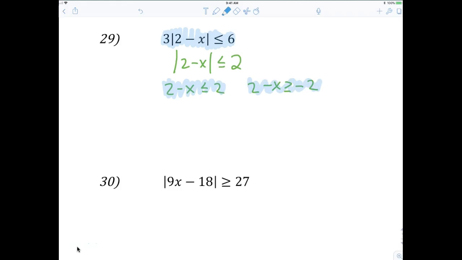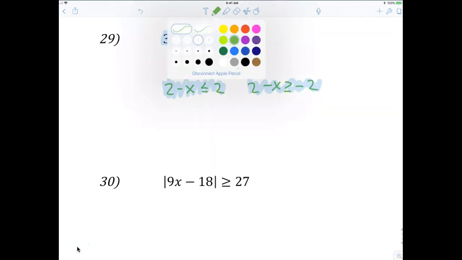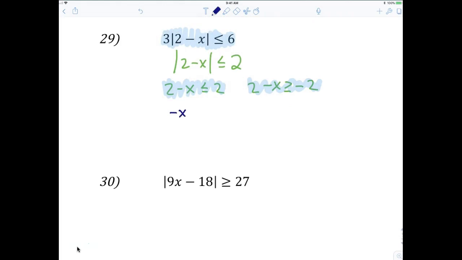Now some people did really bad on the test because they forgot that for absolute value inequalities, you have to write two equations down. All right? Or two inequalities. So now from here, it's not that difficult. We would just say that negative x is less than or equal to 0. Therefore, x is greater than or equal to 0. Everybody good with that?